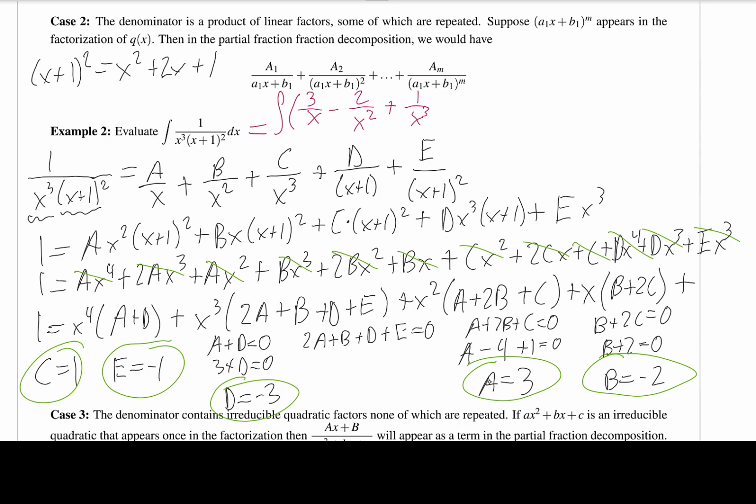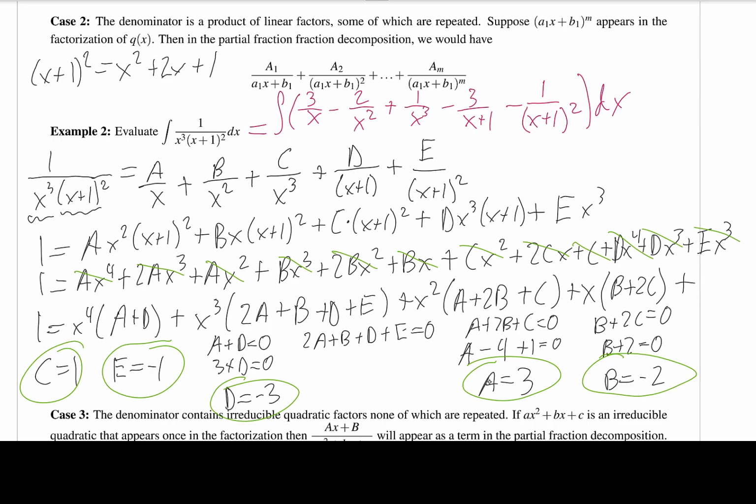And then I should have plus d over x plus 1, so it's -3 over x plus 1. And then plus e over x plus 1 squared, so -1 over x plus 1 squared dx. So that's what our integral should look like.